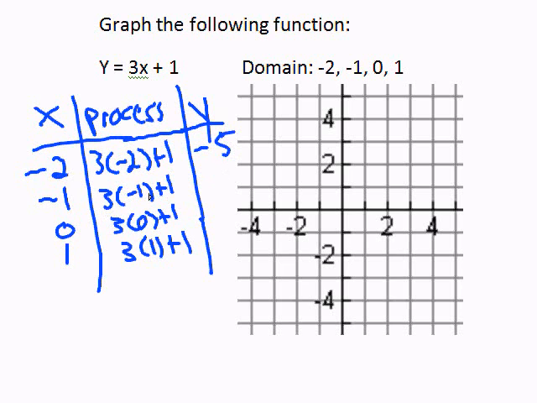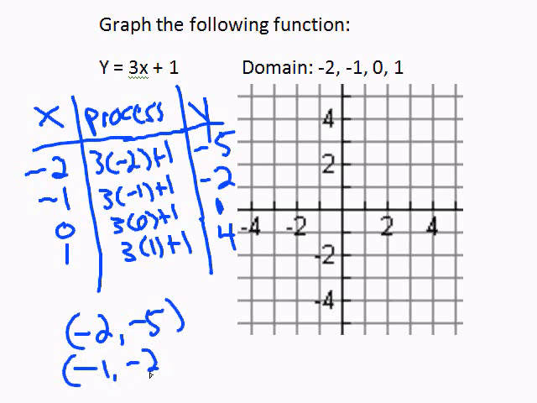The next one, -3 plus 1 is -2, then 1, and 4. So that's kind of messy. We can go ahead and rewrite those as ordered pairs, -2, -5, -1, -2, 0, 1, and 1, 4. And then all we have to do is plot them.